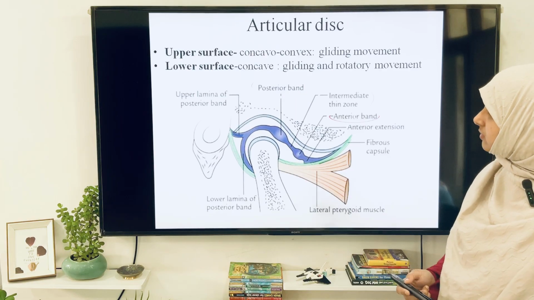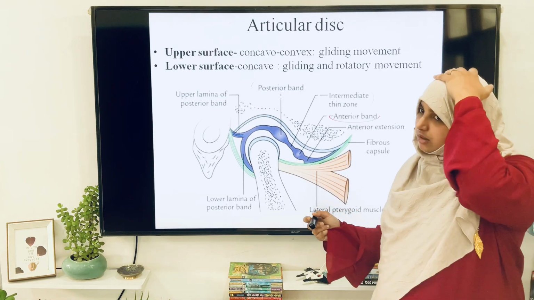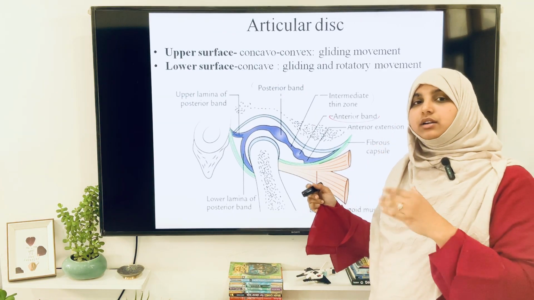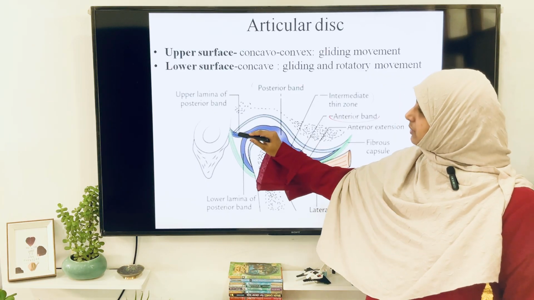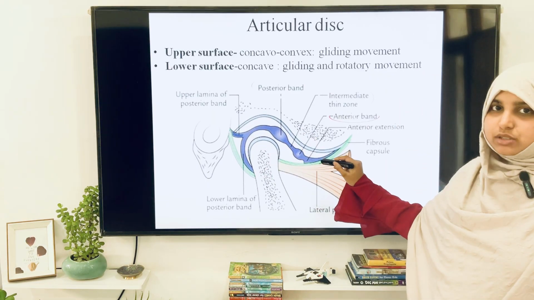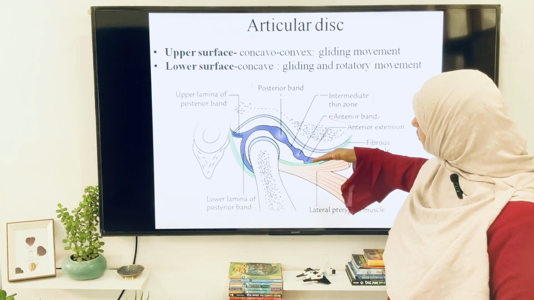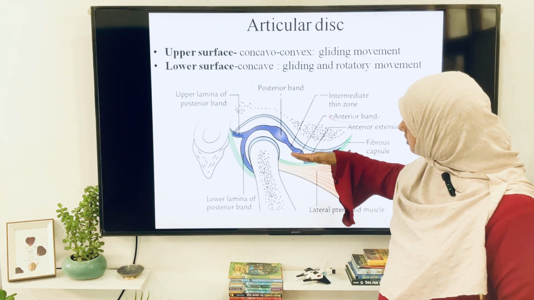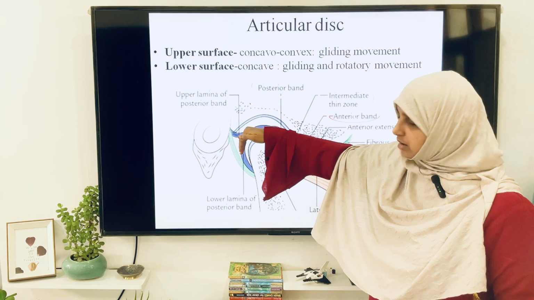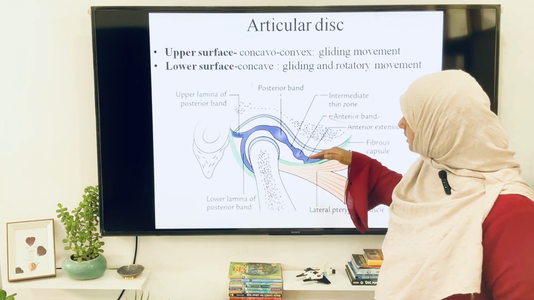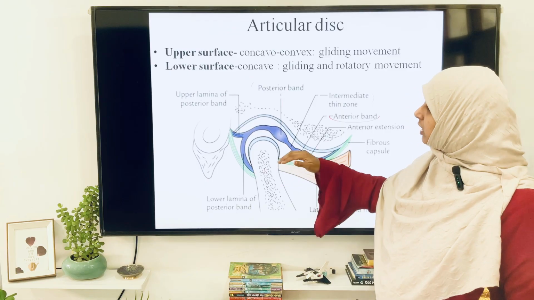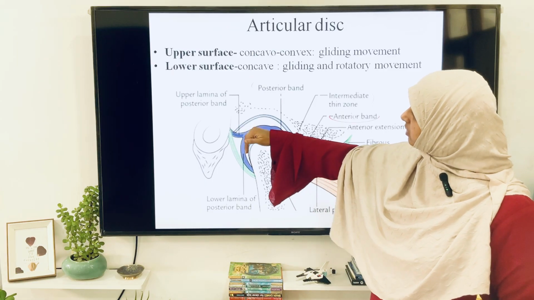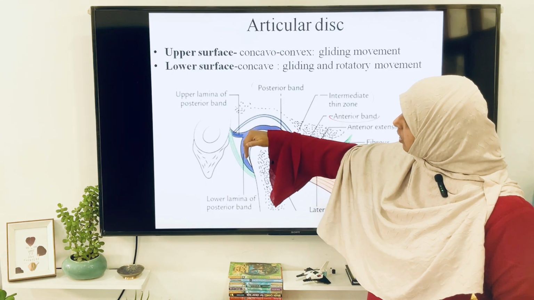Okay, so now what are the different shapes of both these surfaces, right? The upper surface of this articular disc is going to be concavo-convex. Okay, as you can see, this region is concave and this region is convex. So the upper surface is concavo-convex, whereas the lower surface is only concave.